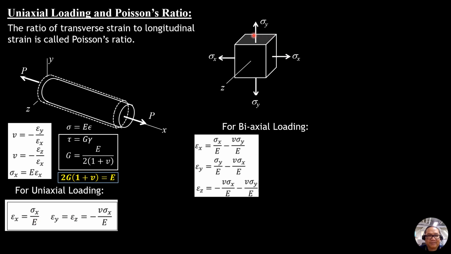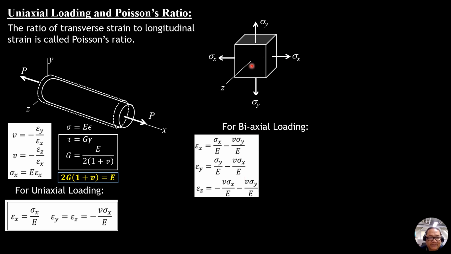Then the effect of sigma x would be to have negative strain along the y-axis, so we have negative Poisson's ratio sigma x over E. So sigma y over E positive, then negative Poisson's ratio sigma x over E.